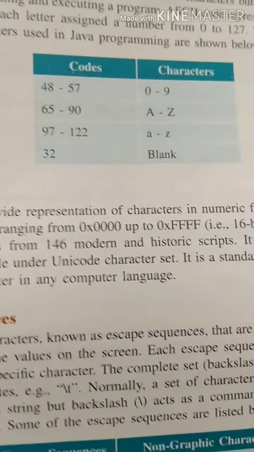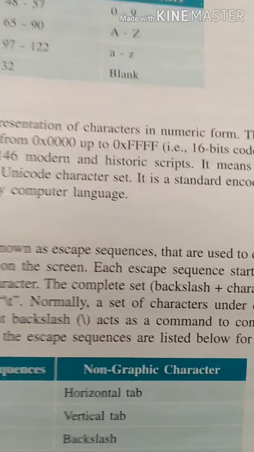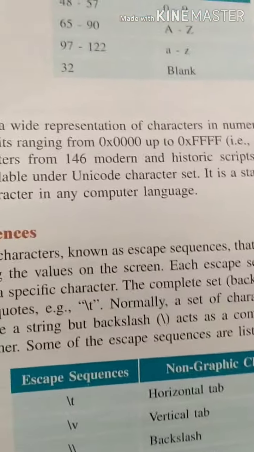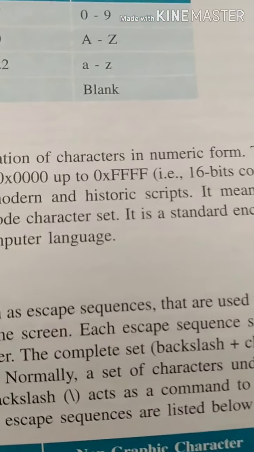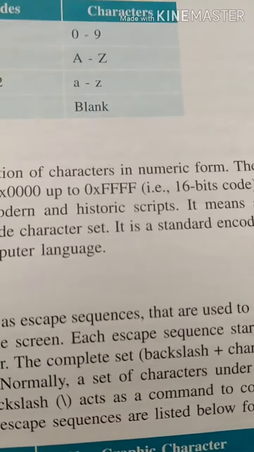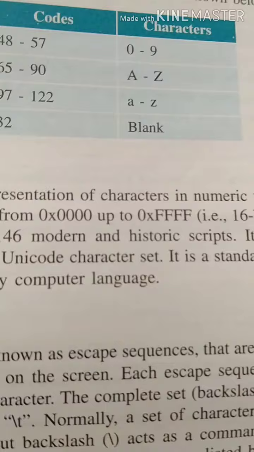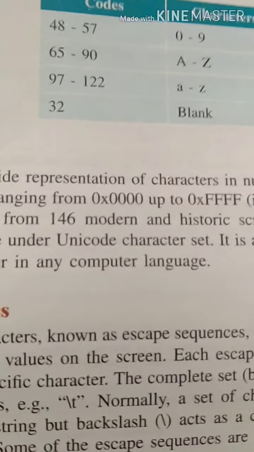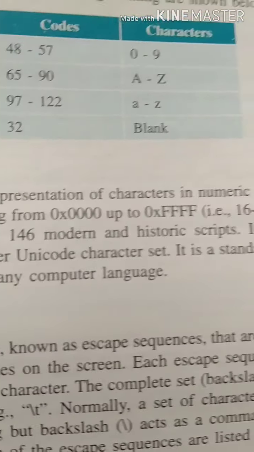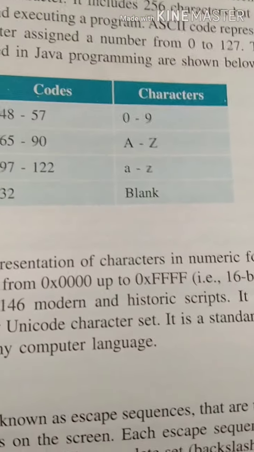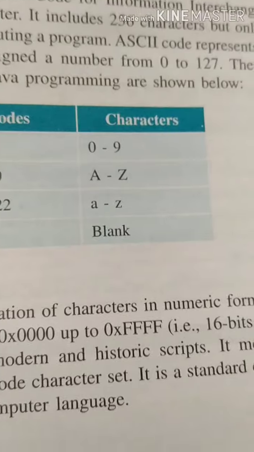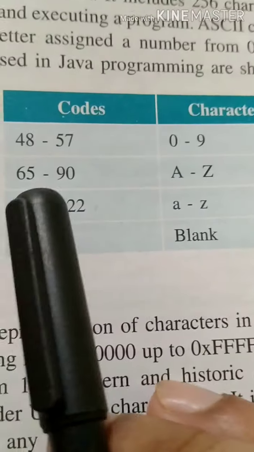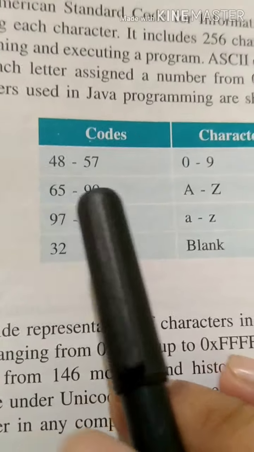Like that, there are a total of 256 characters in ASCII code, but in general we use only 128. You can test all these by pressing Alt plus 255 and see what comes. All these things we use in Java programming whenever we require the code for translation.